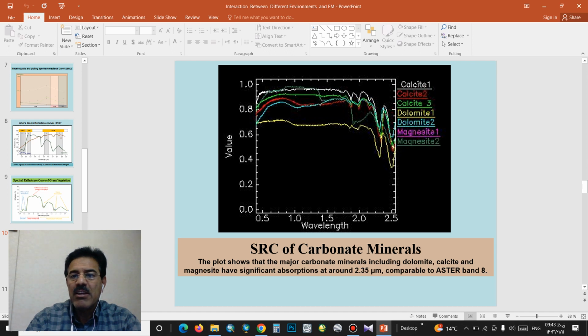Important note: for detection of carbonate minerals, the negative peak at 2.35 micrometers is very important, comparable to ASTER band 8.